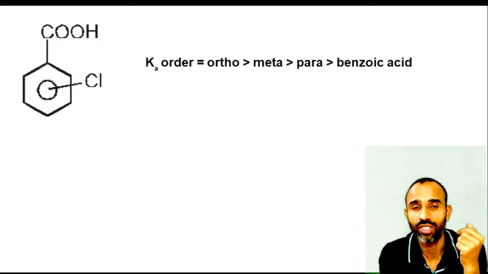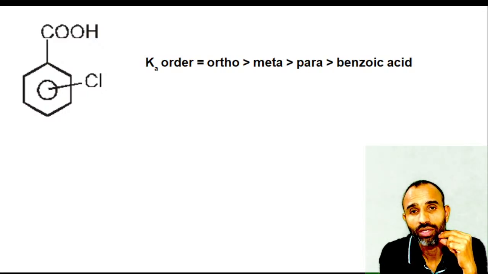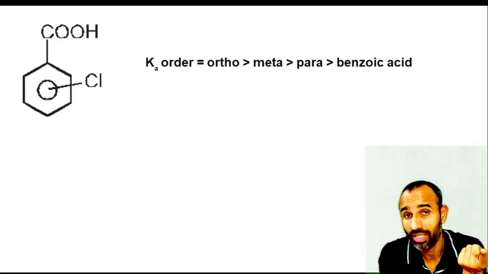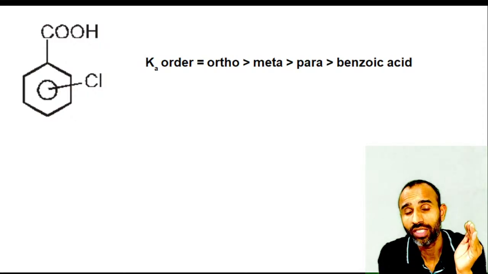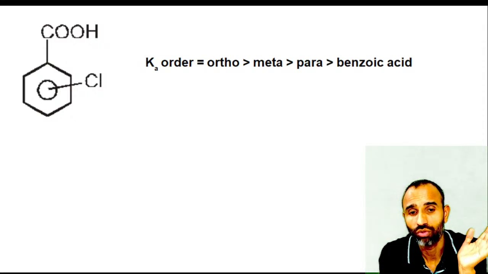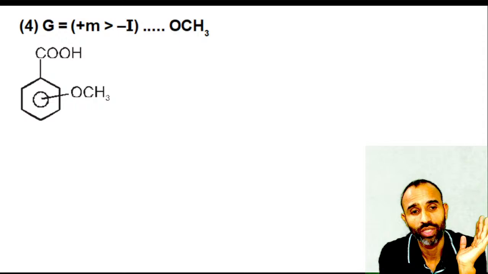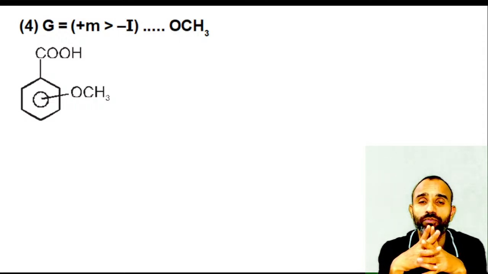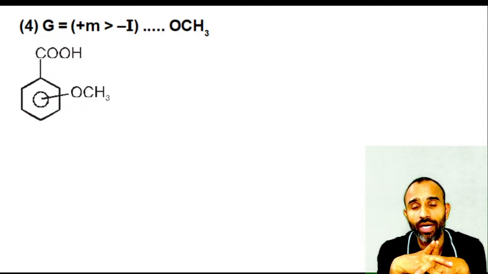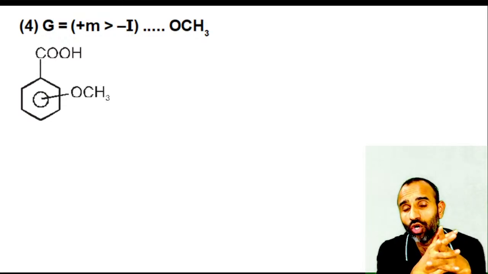Same is the case with chloro, because in chloro again there is minus I as well as plus M plus R, but minus I is dominating. So ortho, meta, para, benzoic acid. What about this? There is plus M and minus I effect, but plus M is dominating.